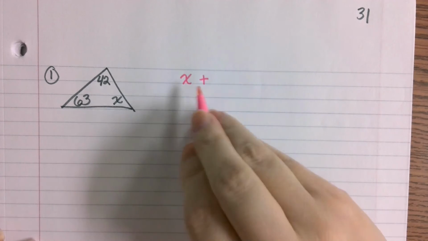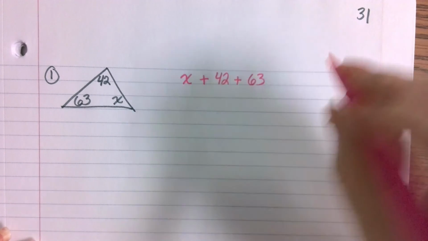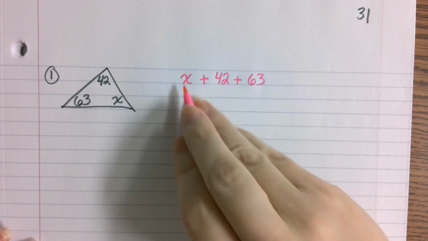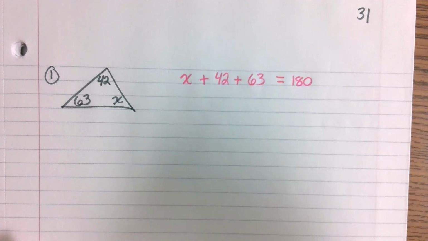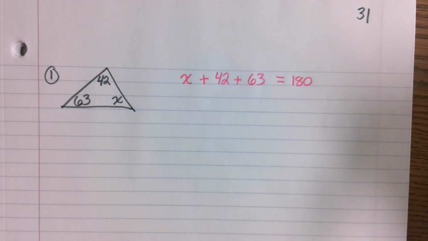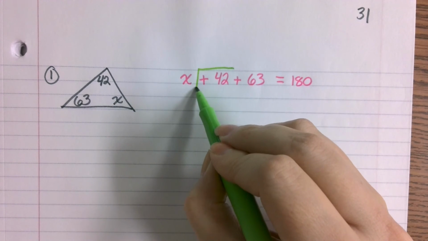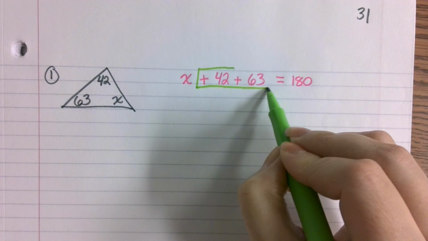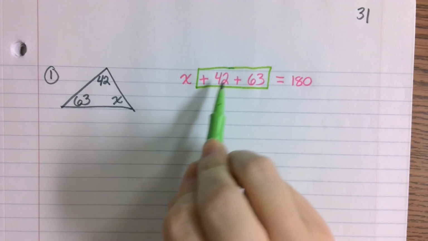So we've got x plus 42 plus 63. I'm showing that I'm taking all three angles and adding them together, and I'm going to set it equal to 180. And then I'm going to use my knowledge of simplifying before solving. So combining like terms, I can combine that positive 42. Notice I'm going to include the plus sign in front of it so that I know what type of integer it is.